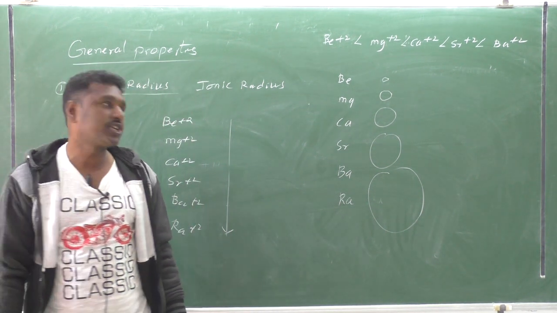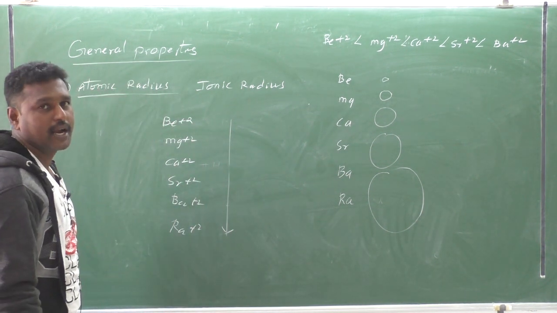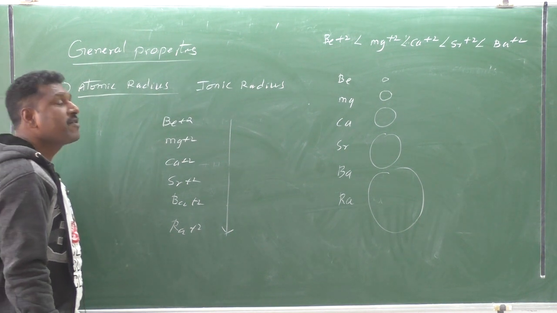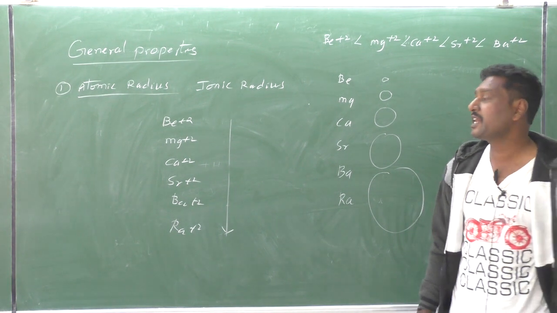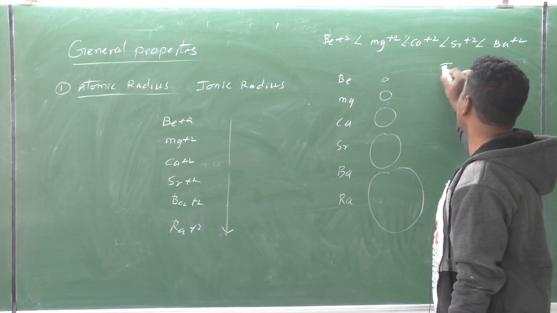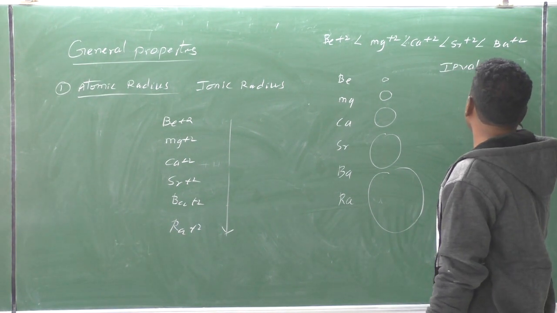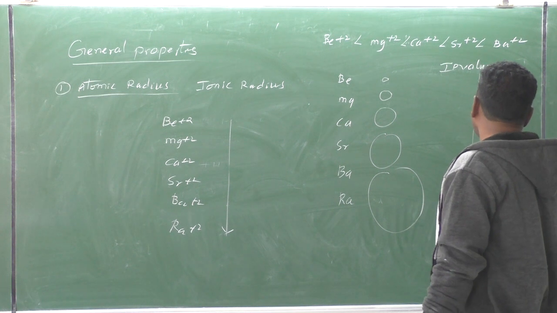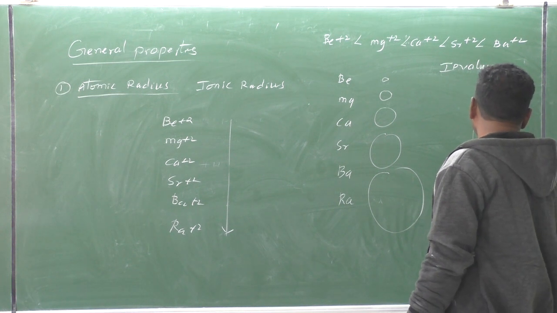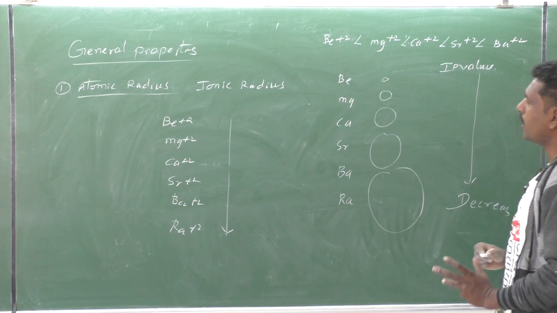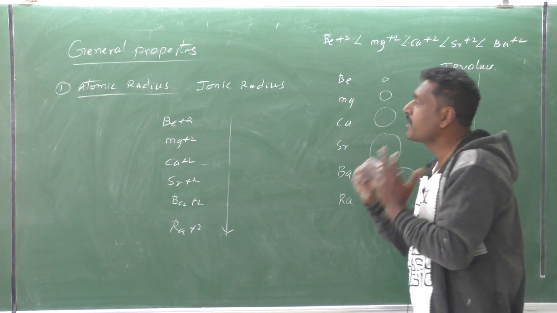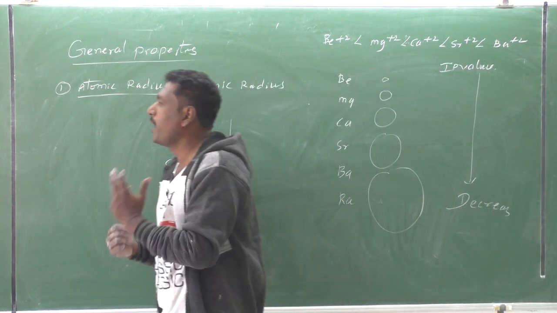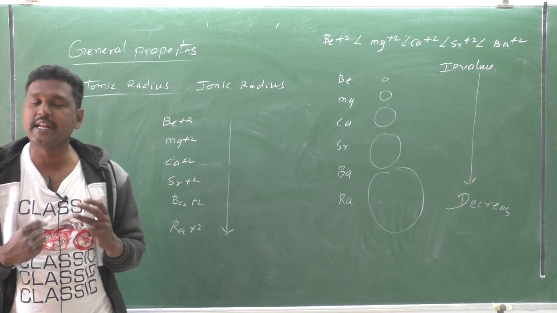So beryllium, magnesium, calcium, strontium, barium and radium: the IP values gradually decrease from here to here. Why? Because atomic radius gradually increases from beryllium to radium.